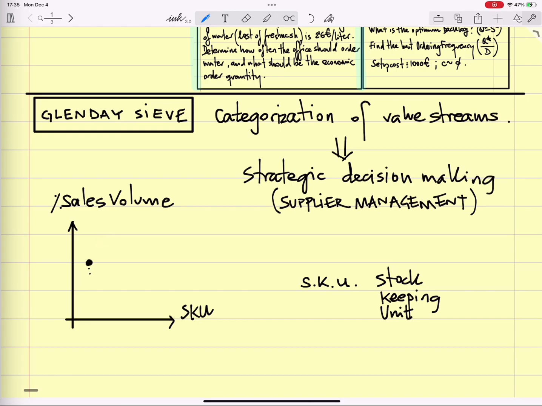Let's say some percentage of the article numbers, of the SKUs, represent a certain percentage of sales volume, and then this is the typical ABC analysis. Okay, so this is ABC.